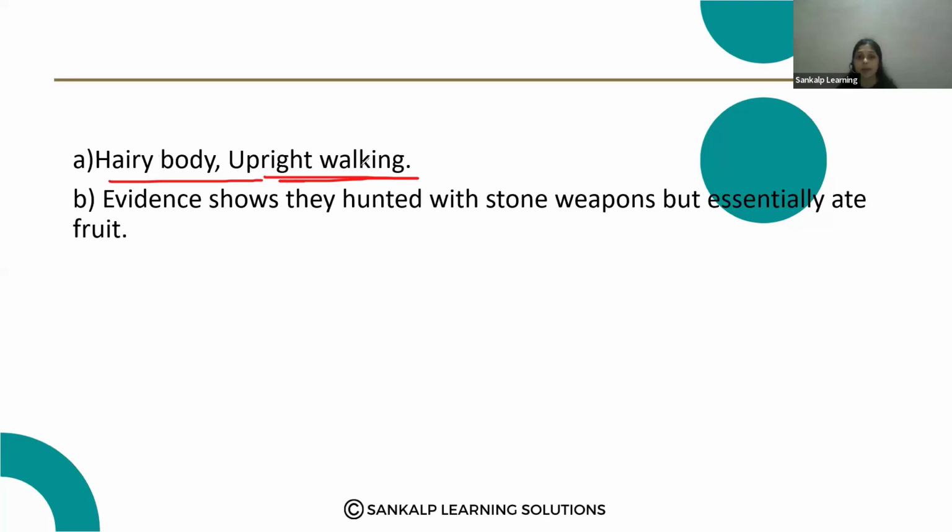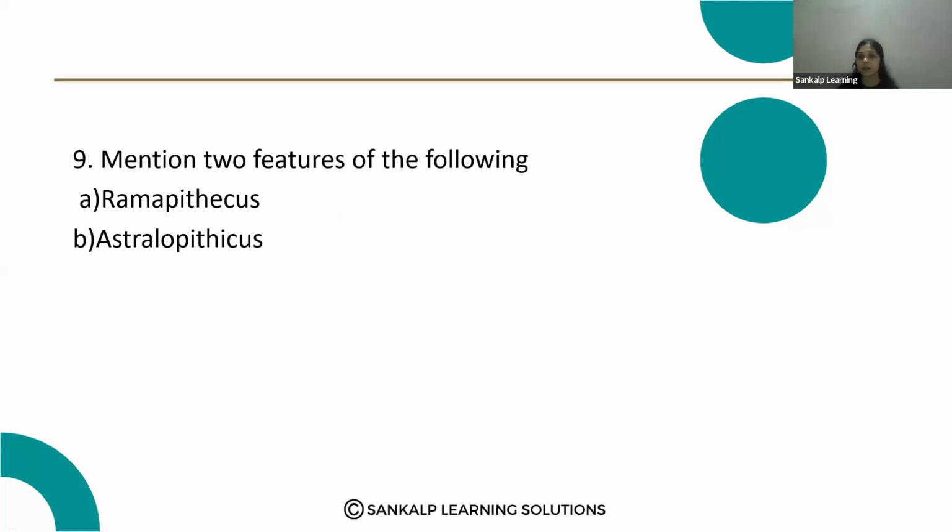They had more man-like structures. And Australopithecus, the evidence shows that they hunted with stone weapons. They used stone weapons and they ate fruits. So that is the characteristics of Australopithecus and Ramapithecus.